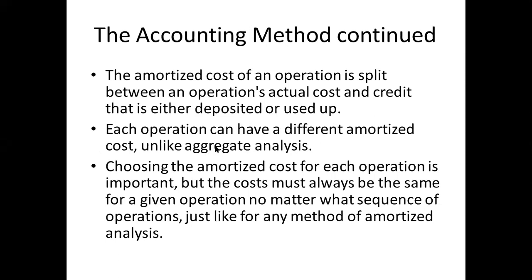But in the accounting method, each operation can have a different amortized cost. So choosing the amortized cost for each operation is important, but the cost must always be the same for a given operation, no matter what sequence of operations, just like for any method of amortized analysis.